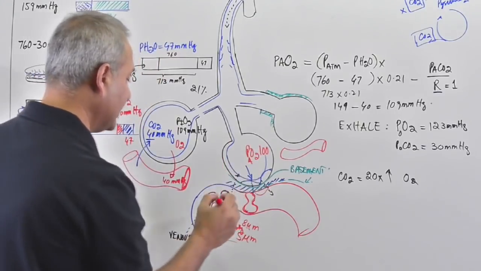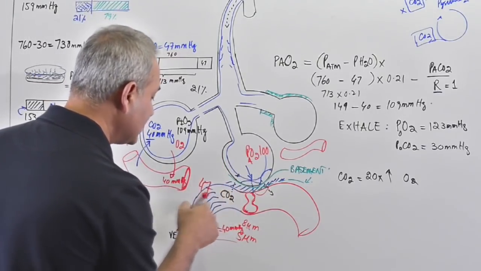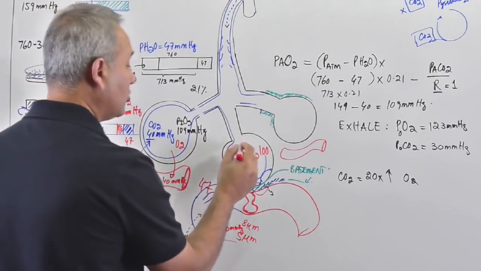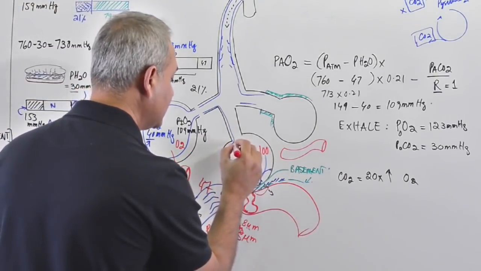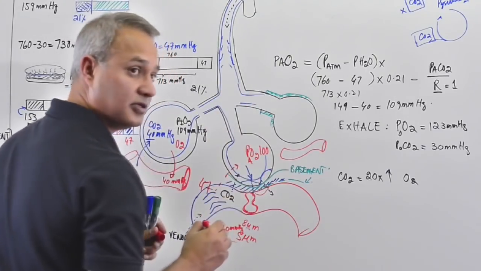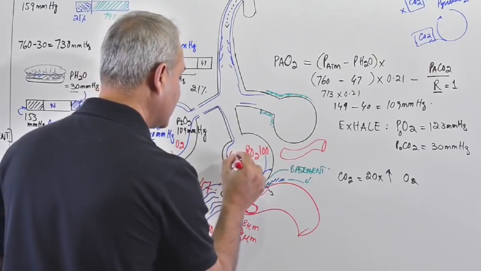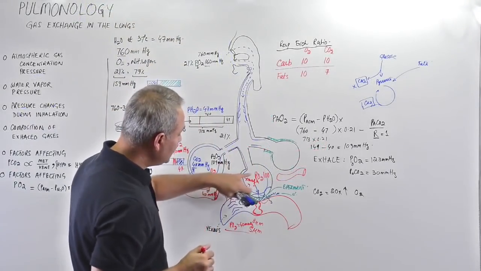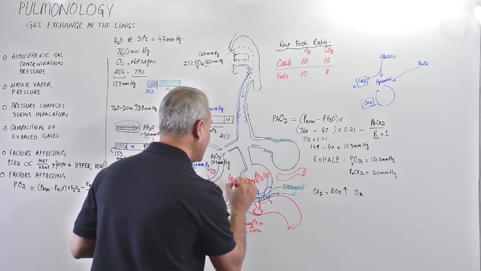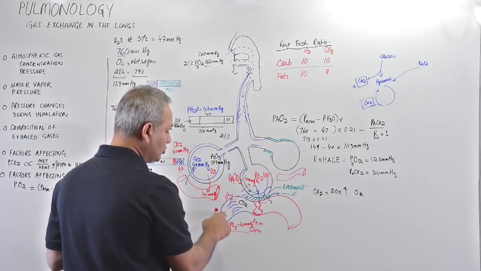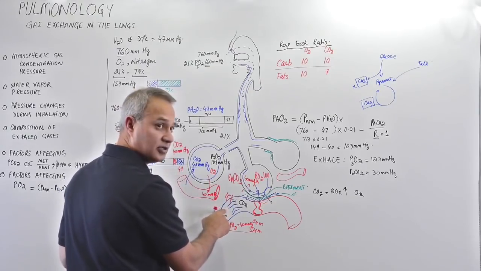Carbon dioxide, on the other hand, is 47 here in the blood and about 40 here, or actually in the beginning it was 0, right? When the gas came in, it starts diffusing out. How much does it go out? 40. And so that is what happens. So PaCO2 is 40. PCO2 is 47.